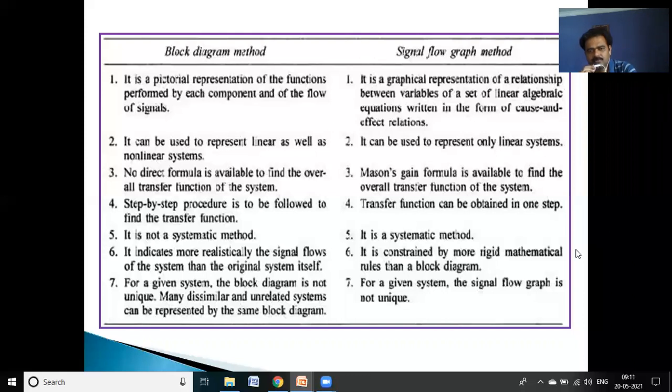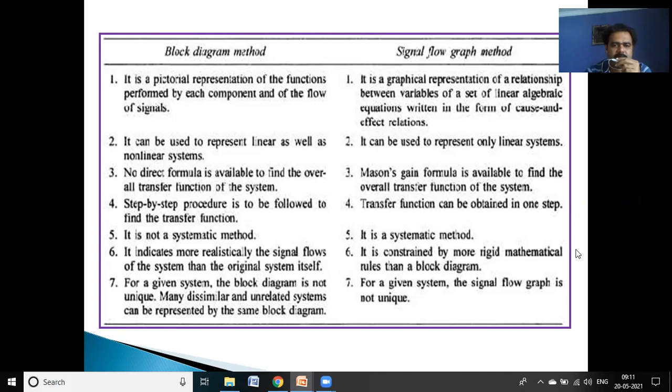But in case of signal flow graph, Mason's gain formula is available to find the overall transfer function. In a single step, you will get the overall transfer function. So block diagram has no systematic procedure to reduce the blocks.